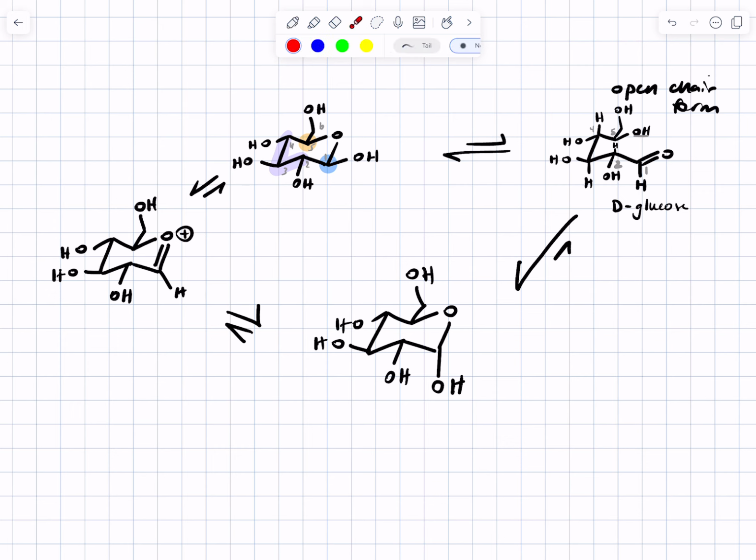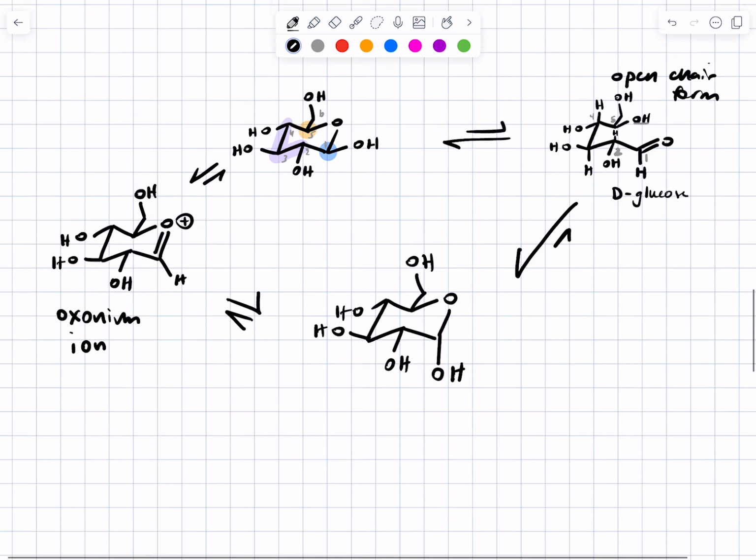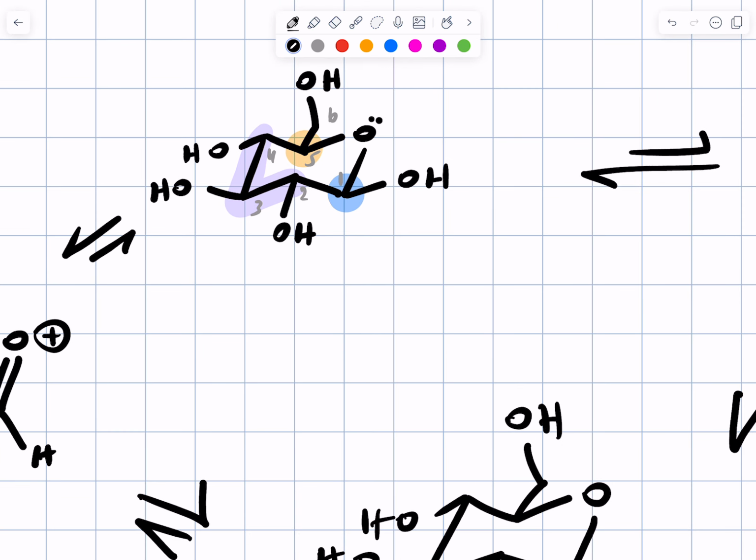Okay, let's talk through this conceptually, see if we need to actually draw the mechanism or not. How would I get from this open chain form to this oxonium ion? Any ideas? This is like a mechanism question on a previous exam, right? If I want neutral oxygen to kick off negatively charged OH group, is that a smart choice?